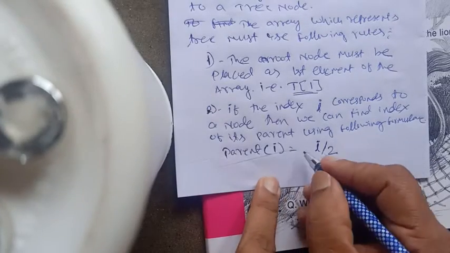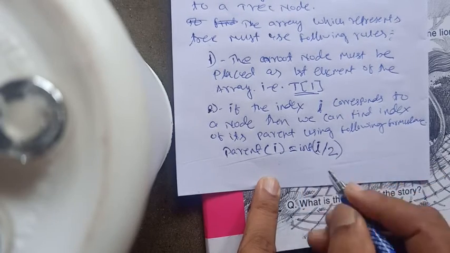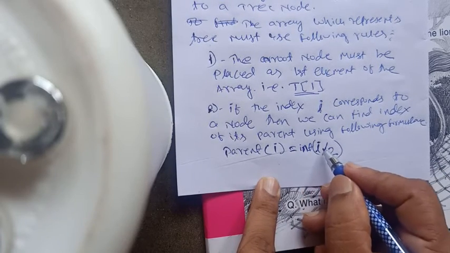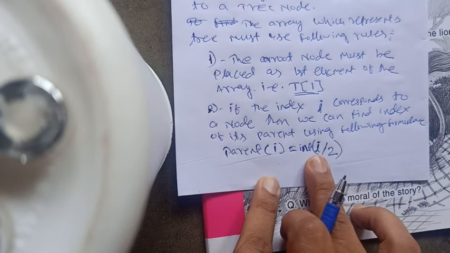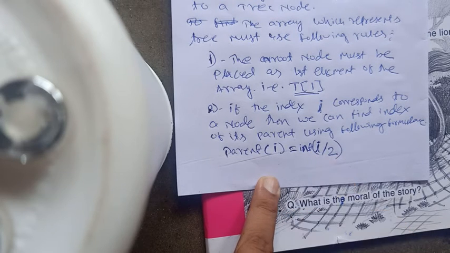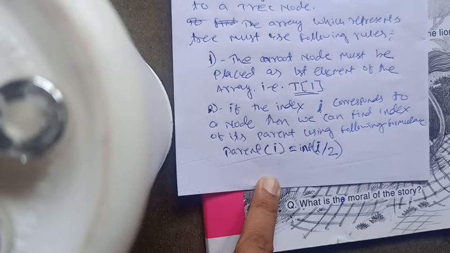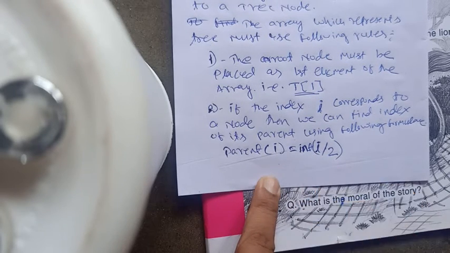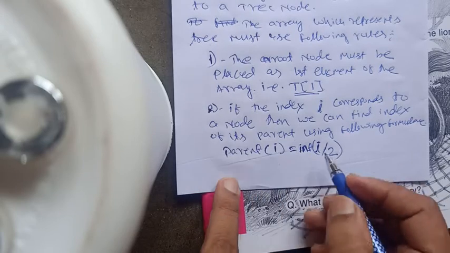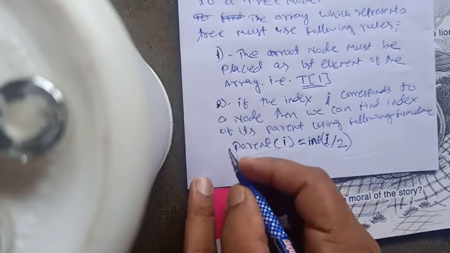So divide I by 2 and keep the integer part. If I is an even number, then I by 2 will give you an integer. If I is an odd number, then it may give floating point data, so its integer part must be kept, and that will be the parent of I. I'll give you an example also, don't panic.